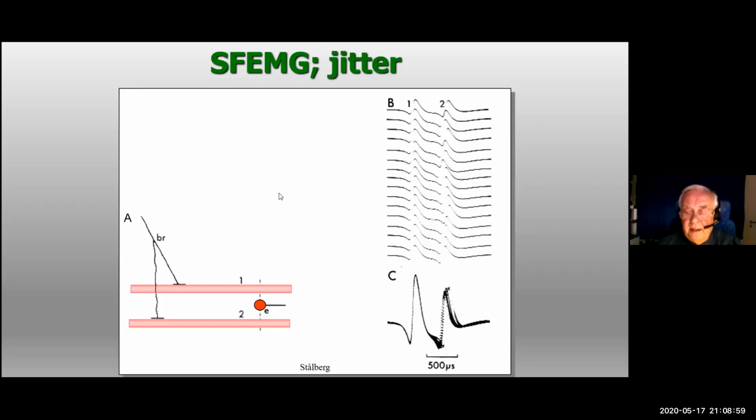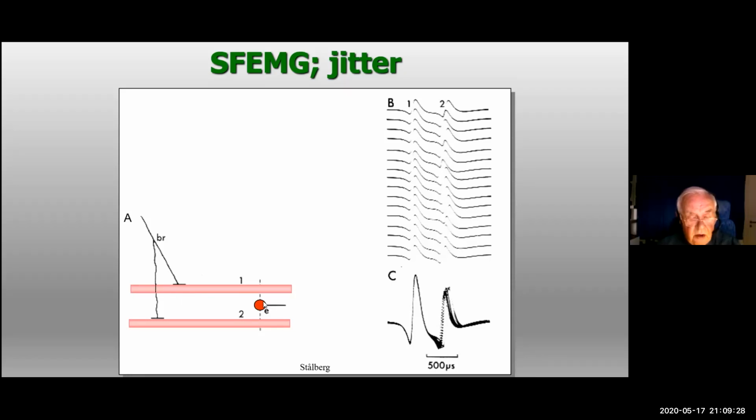And then the medical principle is the following. Here we have an axon that divides into many muscle fibers, maybe 100, and each axon goes to one motor end plate for each muscle fiber in that motor unit. And the signal jumps over from the nerve to the muscle and travels in both directions from the end plate.